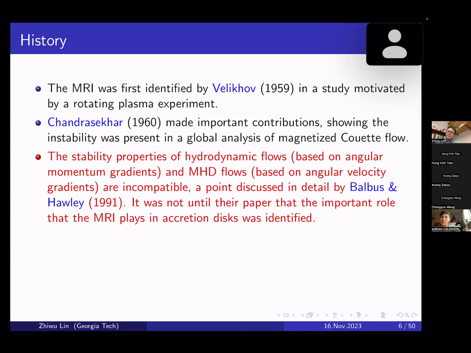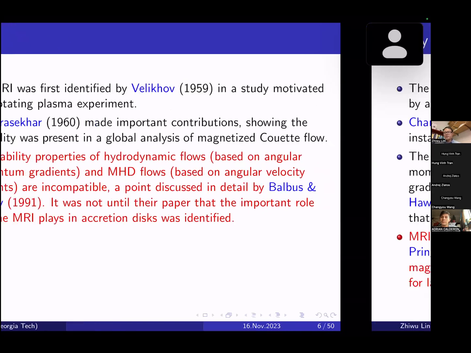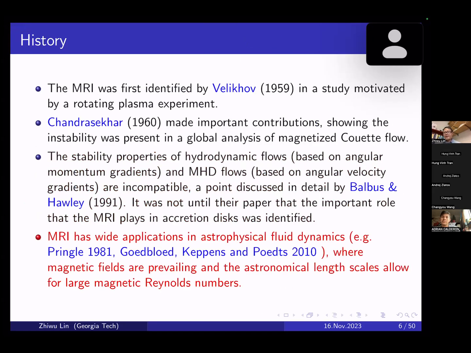They found that this instability mechanism plays a very important role in the accretion disk around black holes. They actually used this instability mechanism to explain the turbulence and the so-called enhanced momentum transport around the accretion disk.